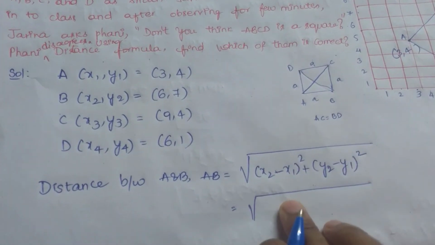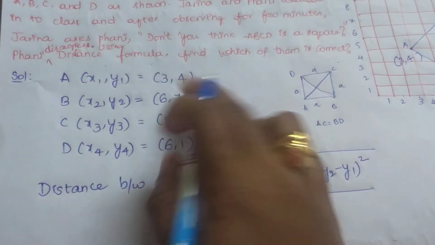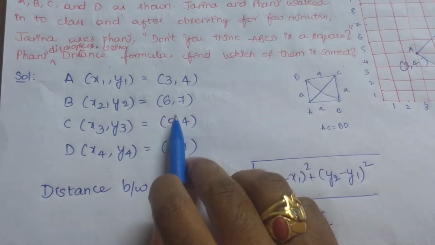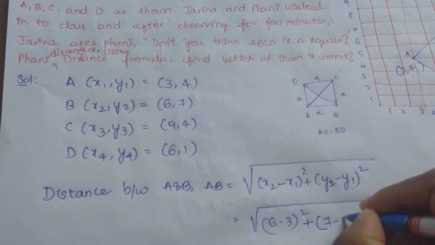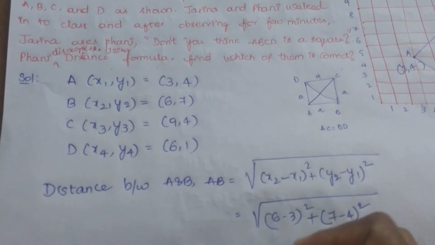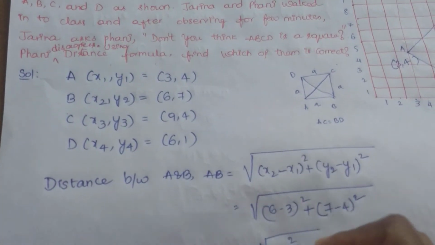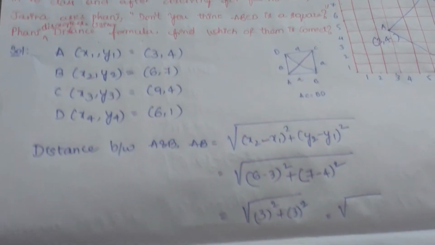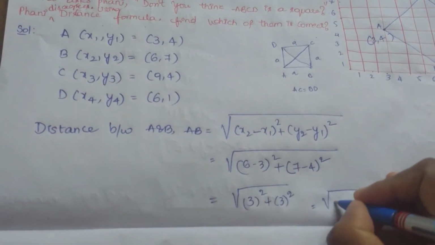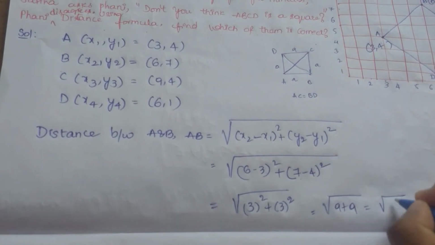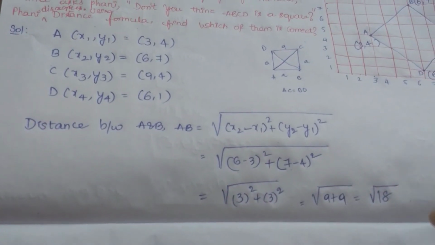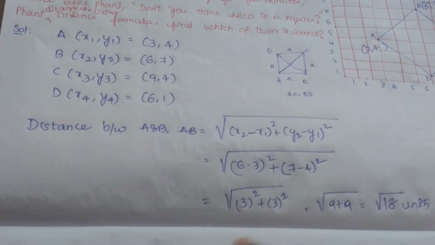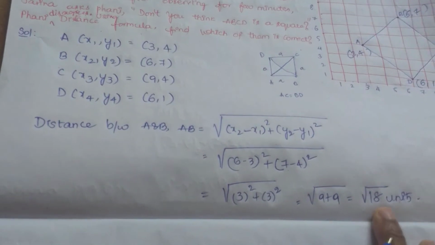What will be x2 here? (6 minus 3) whole square plus what will be y2? (7 minus 4) whole square. 6 minus 3 is 3 square, plus again 3 square, so we get square root of 9 plus 9, which is square root of 18. So the distance between the two points A and B is square root of 18 units.